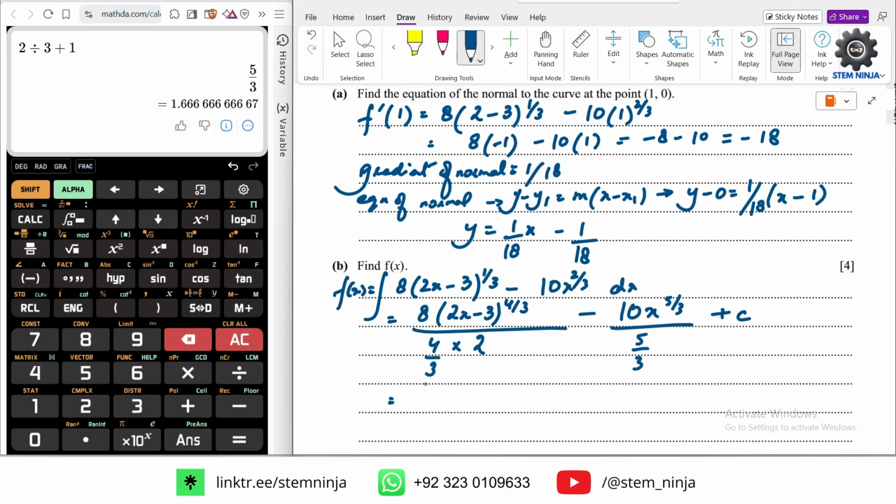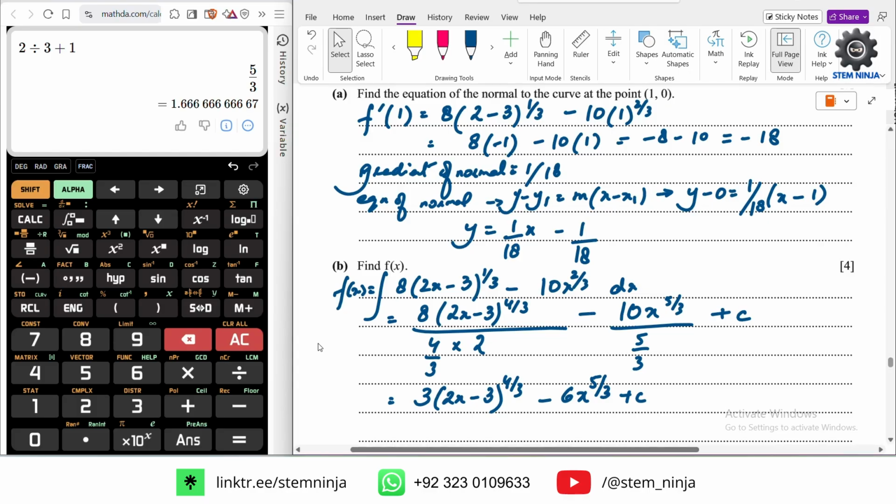So 8 divided by 4/3 and by 2: 8 times 3 is 24, 24 divided by 4 is 6, divided by 2 is 3. So 3(2x − 3)^(4/3) minus 30 divided by 5/3, which is 6, x^(5/3), plus c.